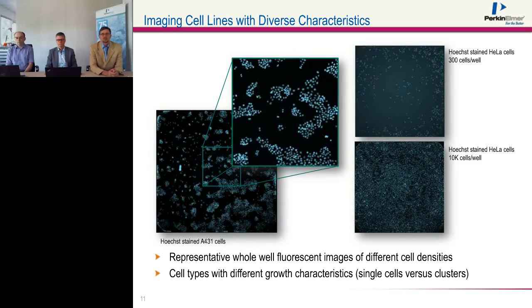In this figure, you see on the left side cells of the A431 cell type, which tend to grow in patches, which have been stained with Hoechst as nuclear stain. On the right side, we have also stained HeLa cells.